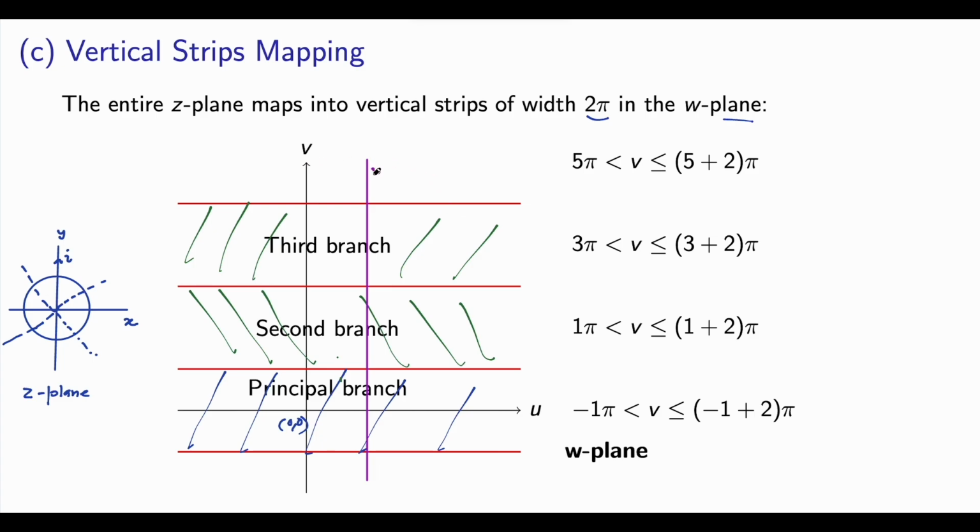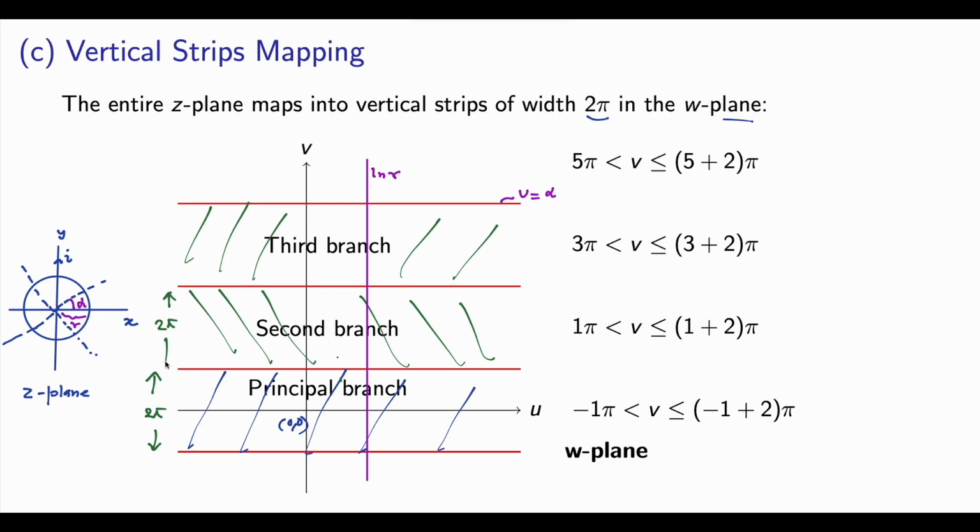So this is ln of r, and this is mapping your phi equal to alpha. This is your angle alpha, and this is z equal to r, your radius. So basically your entire z plane is going to map into sheets. In this sheet, this is the principal branch, and if you measure the gap, the gap between each sheet is 2 pi.